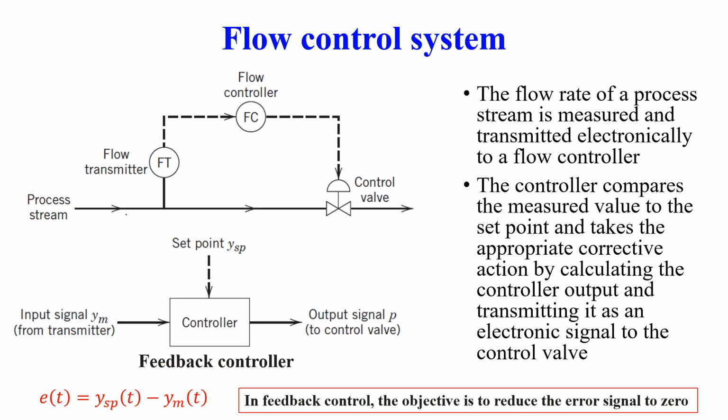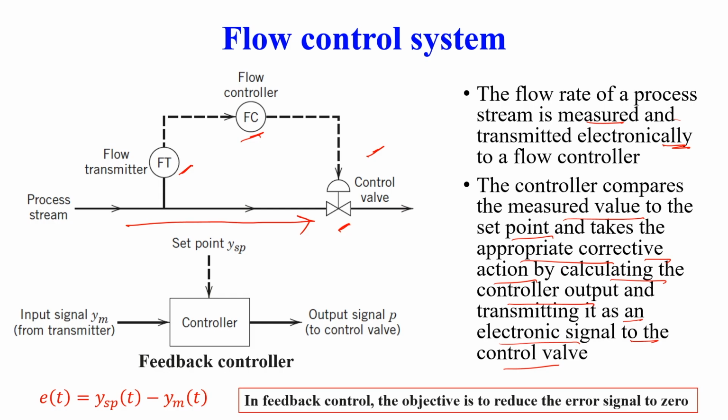You have a process stream here. The flow rate of the process stream is measured. The first thing is you have a flow transmitter, you measure it, then transmit it electronically to a flow controller. The controller compares the measured value to the set point and takes an appropriate corrective measure by calculating the controller output, transmitting it as an electronic signal to the control valve, and accordingly the control valve will open.